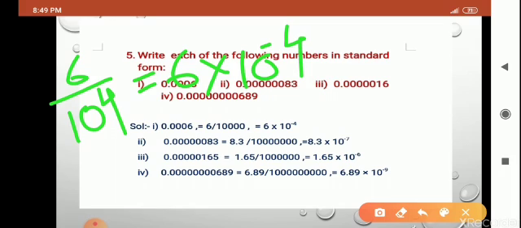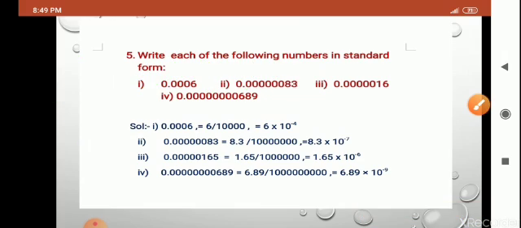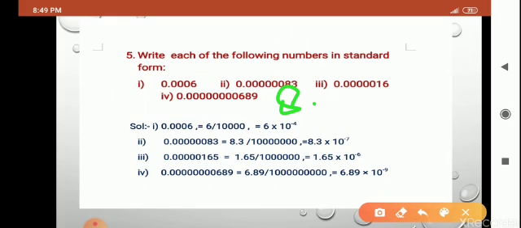It's your answer. And you can also solve it like that, 0.000083. So first of all we write 8, then mark a decimal point, then 3, here we move the decimal from this place to this place, that is 8.3.